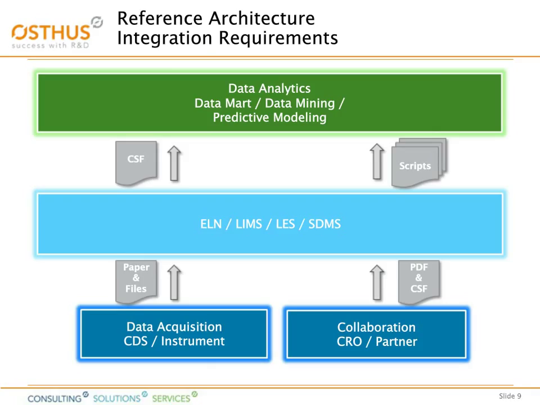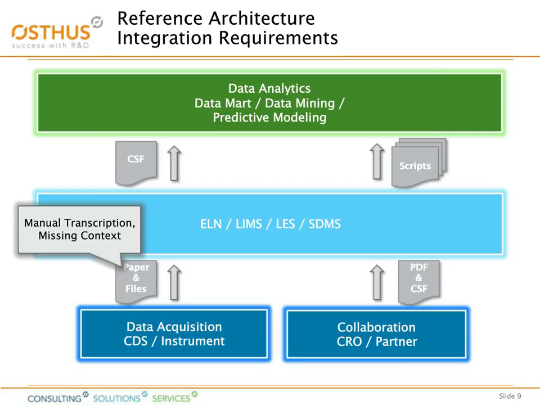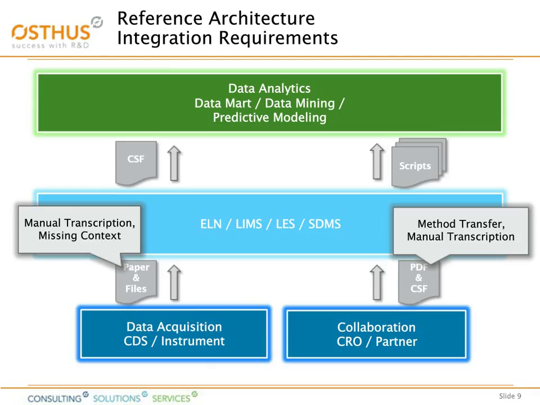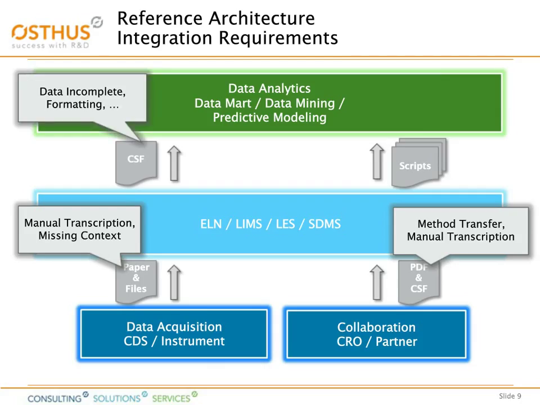But this does not go easily. There are problems around doing so. There are always manual transcriptions. Sometimes there is missing context. There is a need to transfer the methods between the collaboration partners and the internal systems, because they are perhaps running on different methods. And there's a lot of manual effort to get the data out again, with reformatting, adding up additional data, and making the data complete.